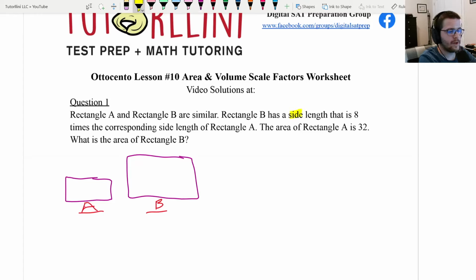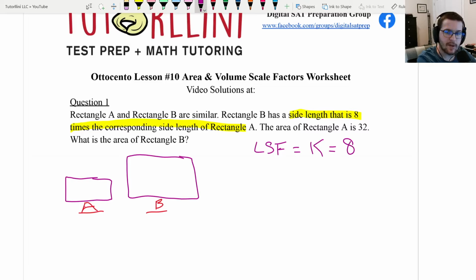Okay, this part right here, side length that is 8 times the corresponding side length of rectangle A, is telling me the linear scale factor, which we called K, and that is 8.